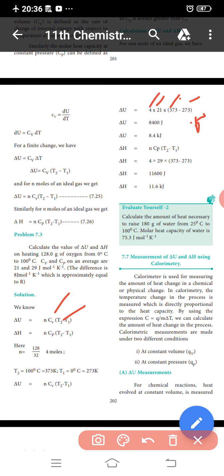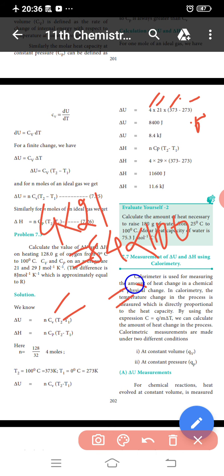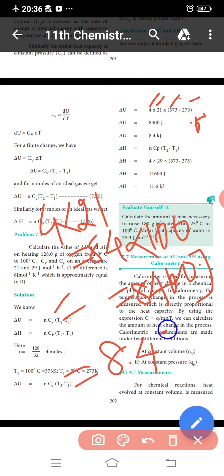So 4 into 21 is 84, into 100 is 8400 joules. Converting to kilojoules, that is 8.4 kJ. This is the ΔU value.